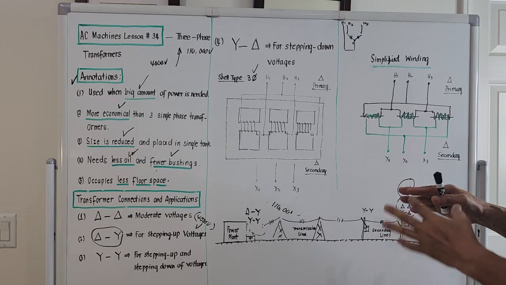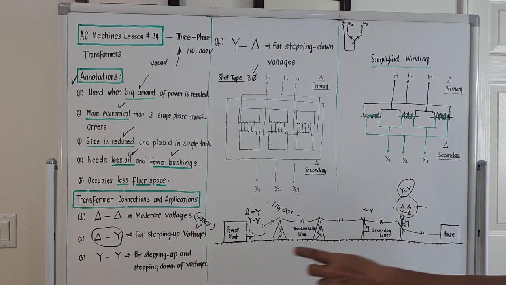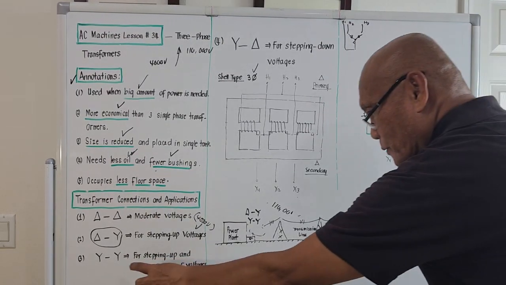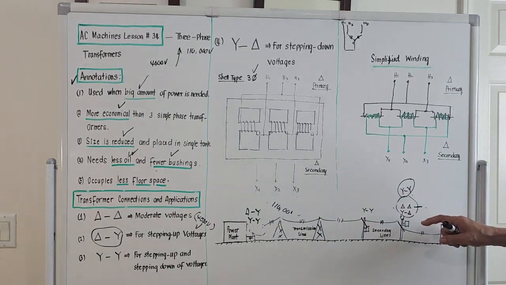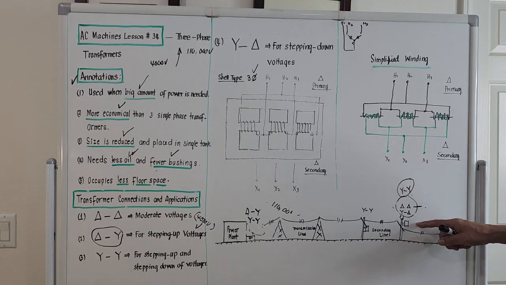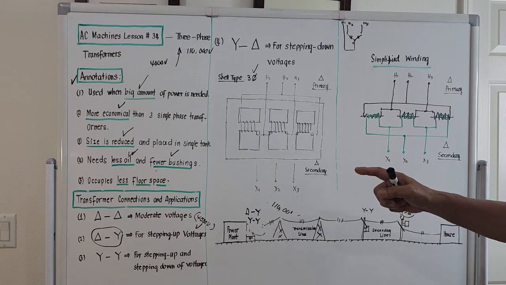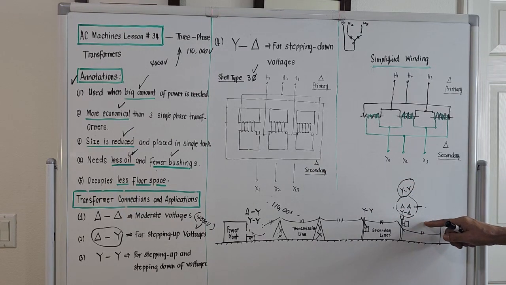So for it to become 120, we need a step-down transformer, and the connection should be YY. So this YY connection could be located near the power plant or near the distribution transformer going to our houses, because we would like to reduce that 110,000 to a voltage of 120, maybe.